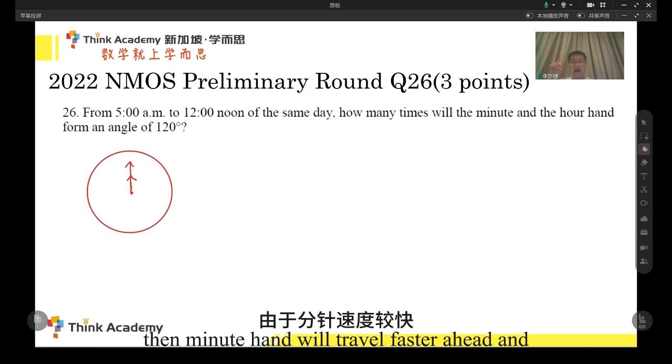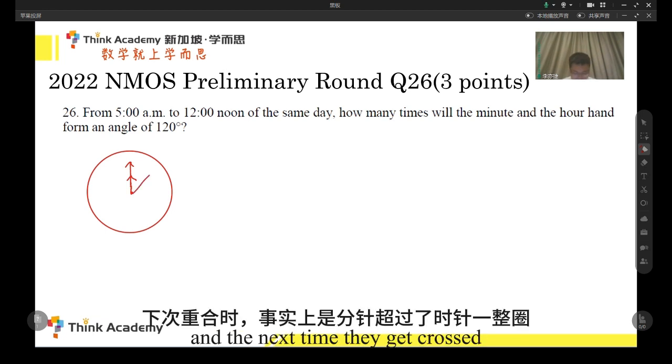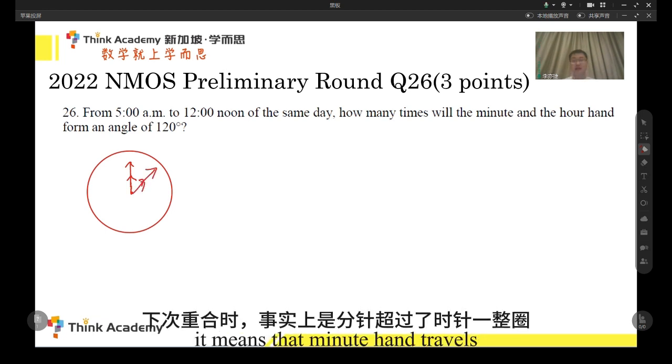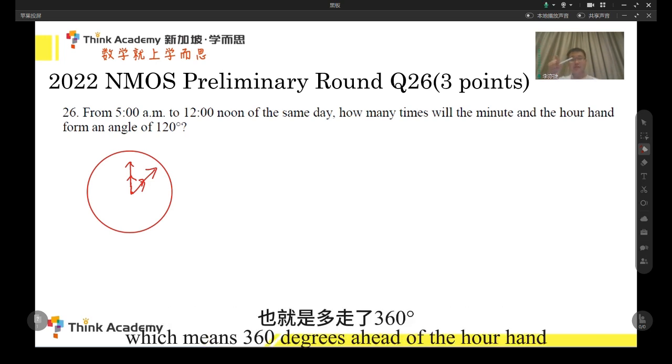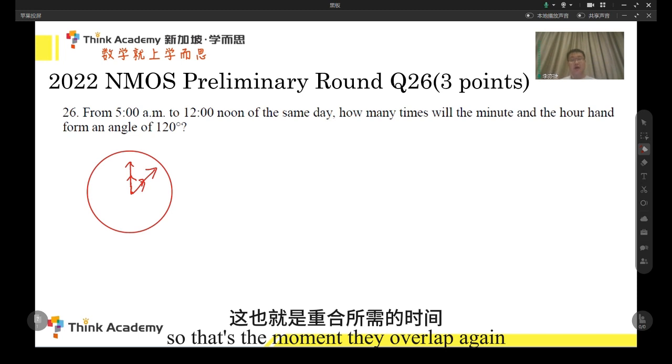Then the minute hand will travel faster ahead, and the next time they cross, it means that the minute hand travels exactly one circle, which means 360 degrees ahead of the hour hand. So that's the moment they overlap again.